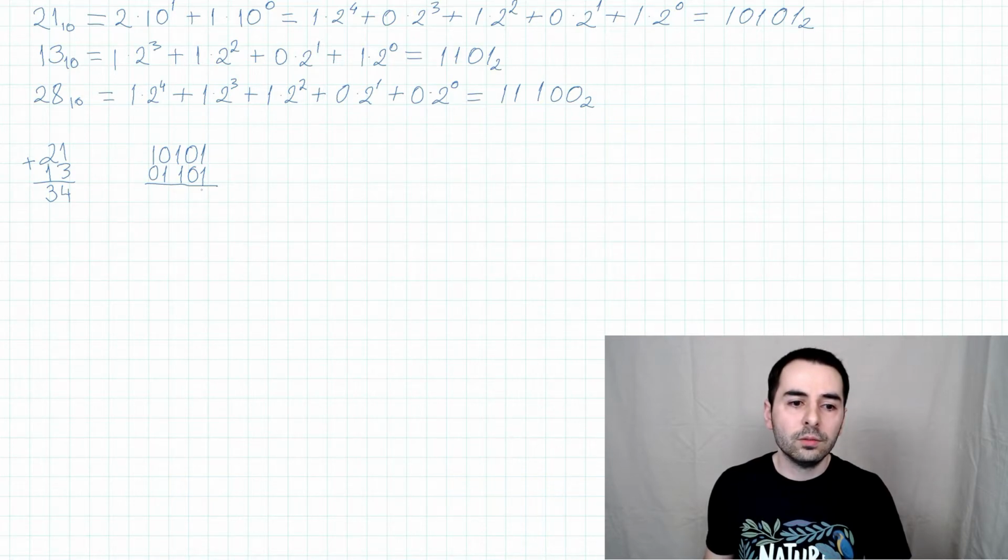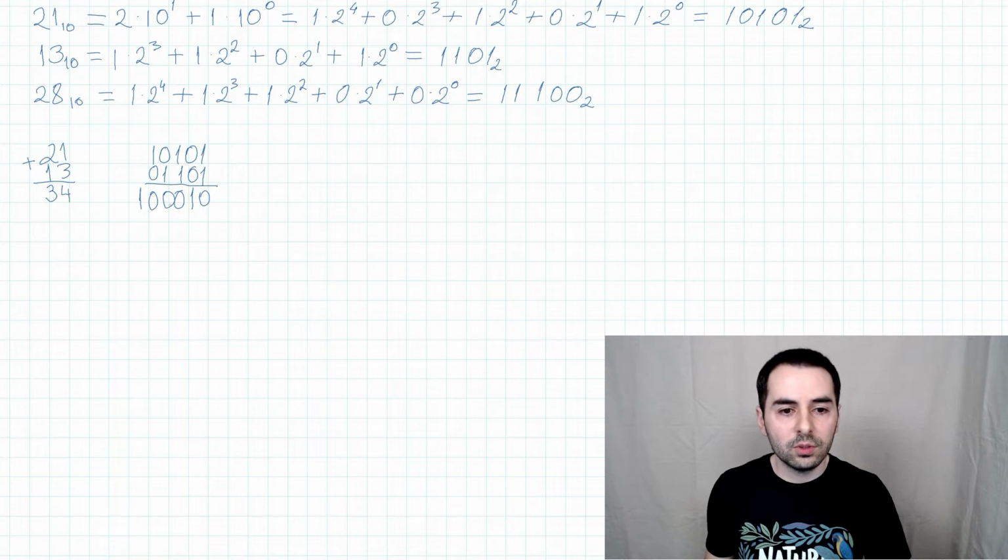And 1 plus 1: since there is no 2 in binary, we need to make it 0 and carry the 1 over to the next digit position. So 0, 0, but then we carried over 1, so there is 1 here. This is the same thing, 0, and then 1 we carry over here, so 1, 1, again 0, 1 we carry over, 1, 1, again 0, and 1.